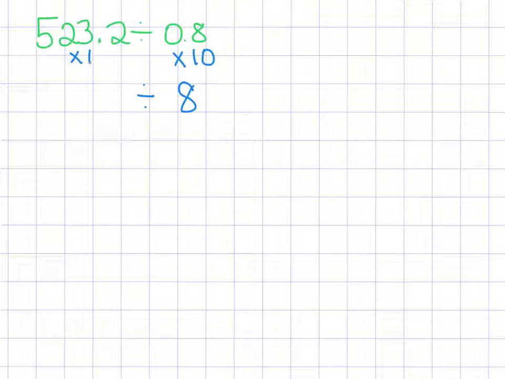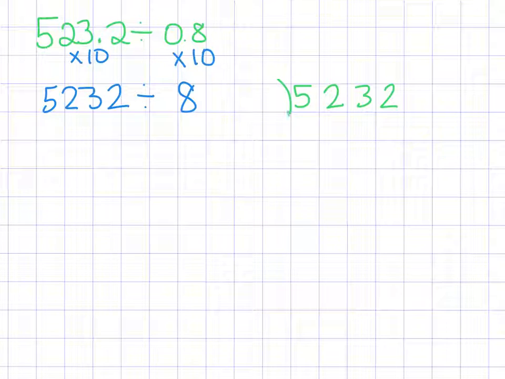If I multiply this value by 10, that 2 at the end becomes in the place value of the 2's, and everything shifts over a place value. So I end up with 5,232 divided by 8 is my equivalent problem. So that's the problem I'm going to solve.